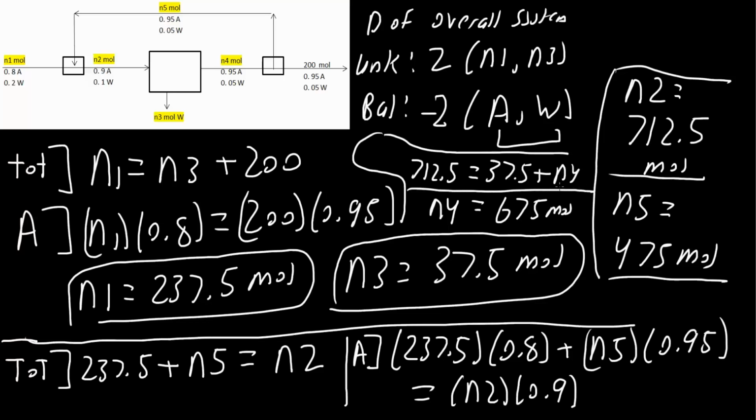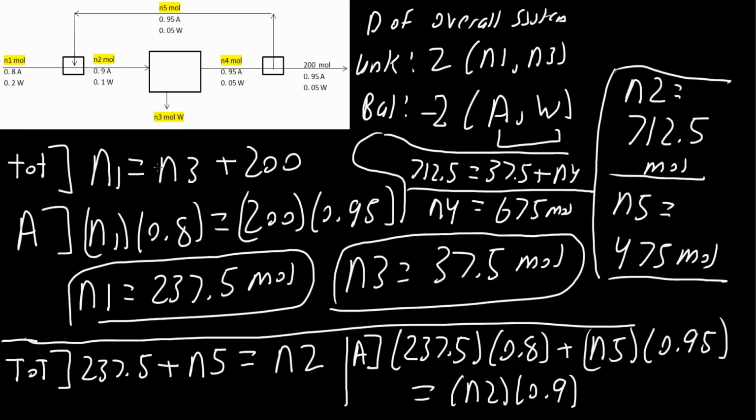And now we can do a quick check. This is not an official check, just a really fast check. 237.5 plus N5, 475. 237.5 plus 475 is going to equal 712.5. You can check with a calculator. So N1 plus N5 is equal to that, which is correct.